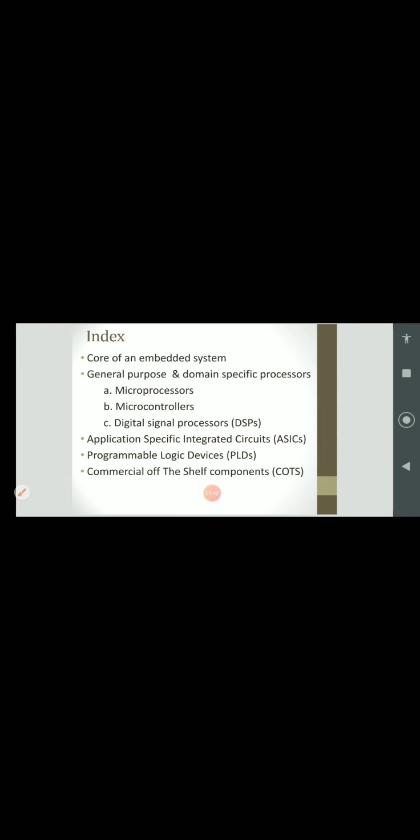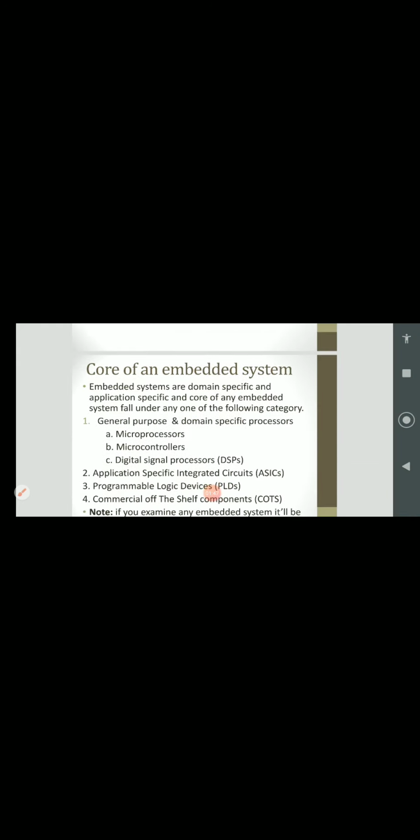Okay, now we'll see the core of an embedded system. As mentioned in the previous video, embedded systems are domain specific and application specific, and the core of any embedded system falls under any one of the following categories.